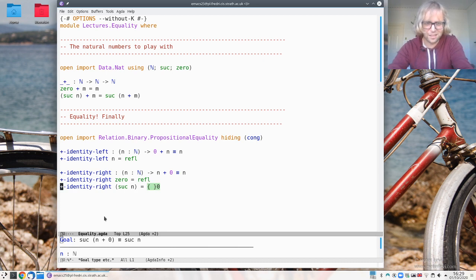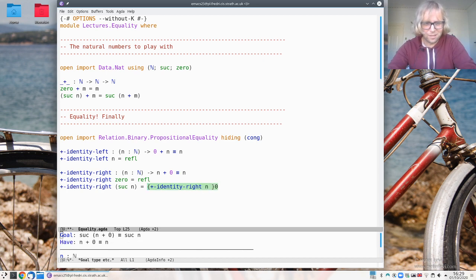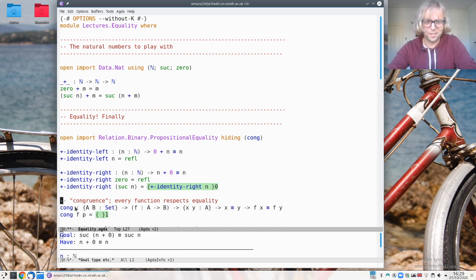Because then, with a recursive call, I know that n plus 0 equals n, so I just need to feed that into the fact that if I apply suc to two things that are equal, then I still get something that's equal. And that's something that we can prove in general.